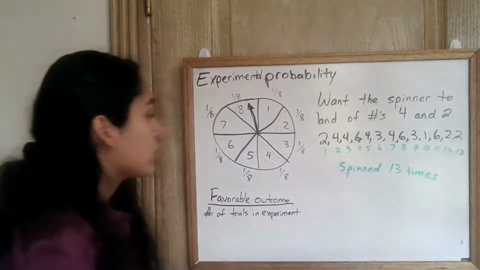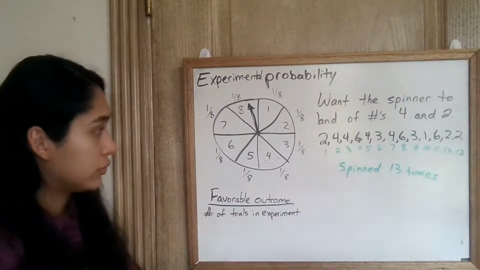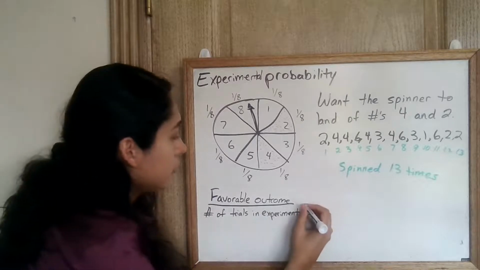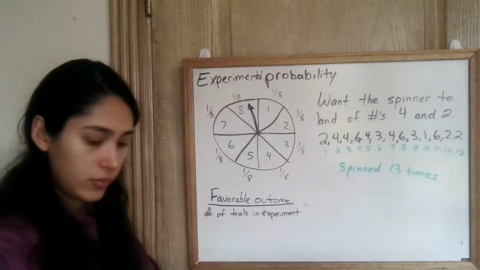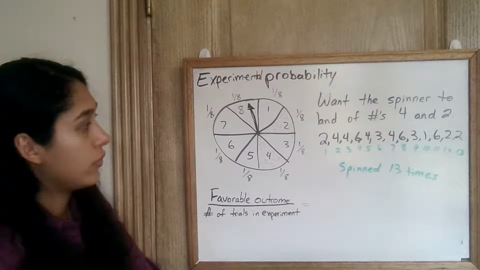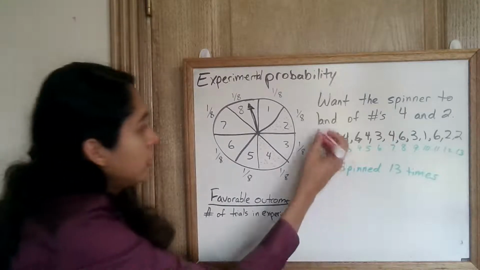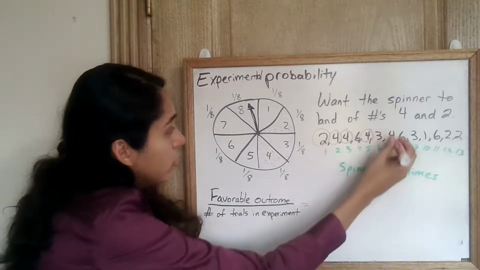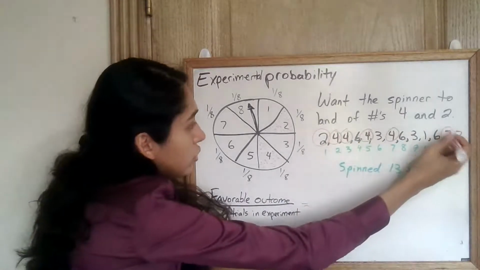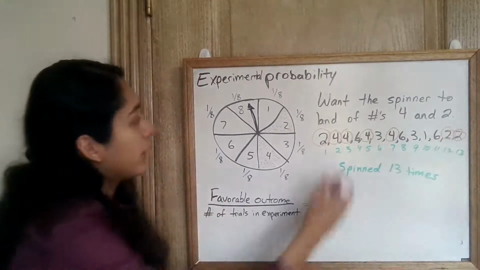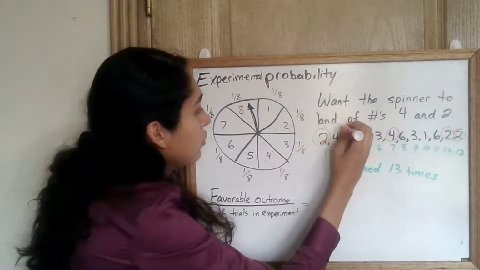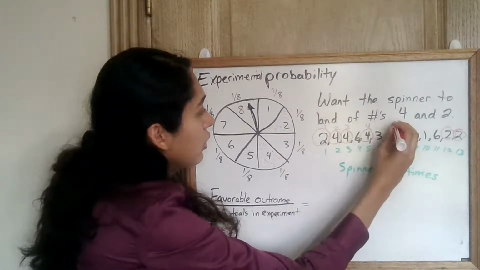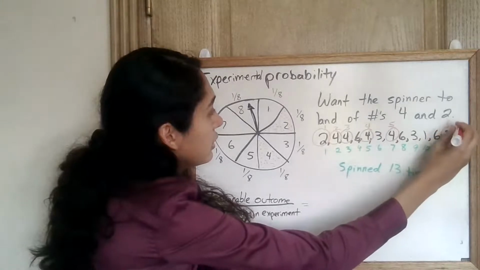So how many of these were favorable outcomes? We have 2, 4, 4 right here, another 4, 4, 2, and a 2. So let's go ahead and count these. We have 1, 2, 3, 4, 5, 6, and 7.